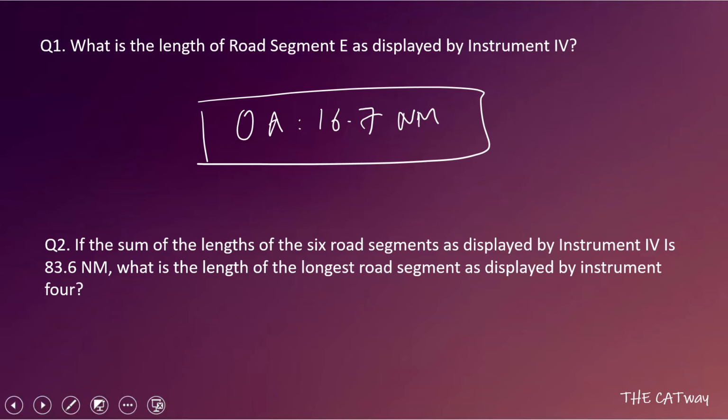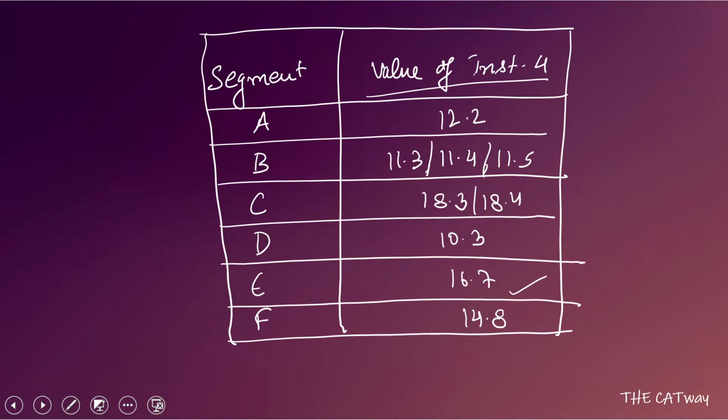If the sum of lengths of the 6 road segments as displayed by instrument 4 is 83.6 nm. Okay, so we have to find the sum of the 4 of them. See, A, D, E, and F have exact values. They have only a single, unique value. So we can find out the value of them very easily.